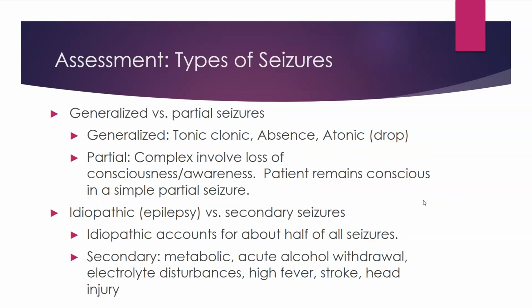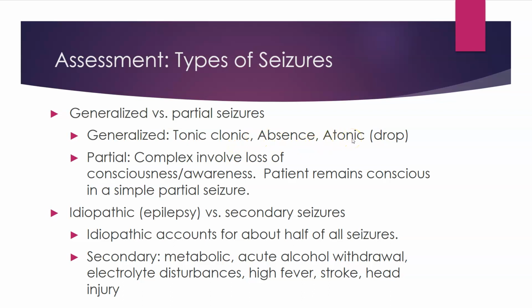Realize that there are lots of different types of seizures, and while you might be familiar with what the movies and TV show as seizures, this is going to be varied. It could be everything from just a pause and a gazing off to the full-blown tonic-clonic seizures that movies like to portray. So generalized seizures include tonic-clonic, absence, or atonic.